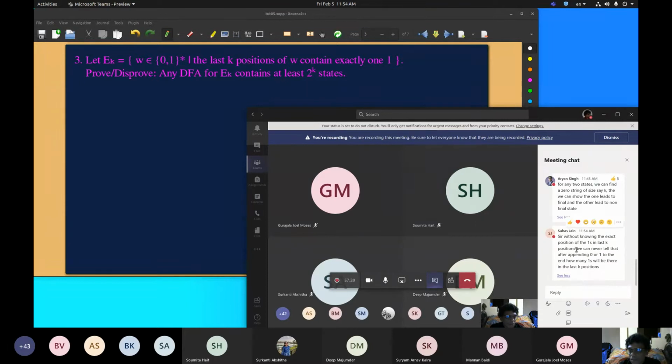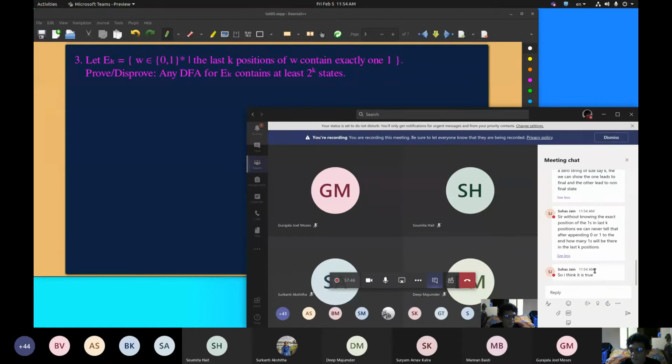Without knowing the exact position of the ones in the last k positions, we can never tell that after appending 0 or 1 to the end, how many ones will be there in the last k positions. So your suggestion is that 2 power k states are necessary. Yes. Okay.